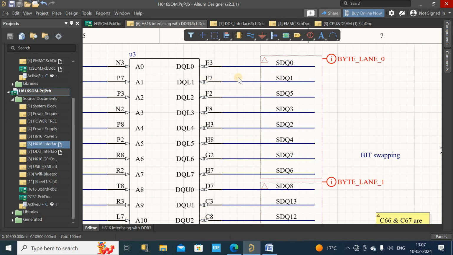Like in place of data bit 3, labeled SDQL2, I'm putting this SDQ5. It means bit swapping. This is for the convenience of the layout, which I'm going to be showing you in later videos.